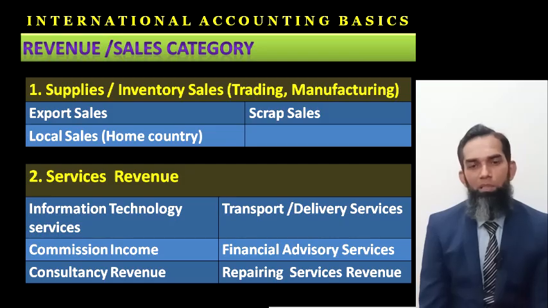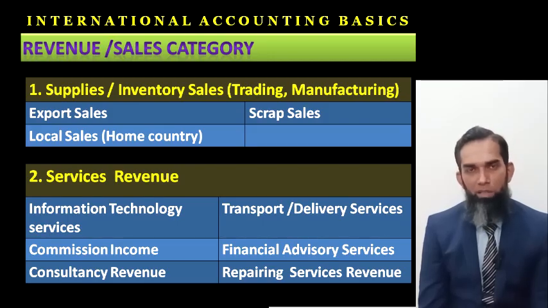If the company is a manufacturing company, they do these types of sales, inventory based sales, supplies. So revenue is broadly classified into supplies based sales and services based sales.